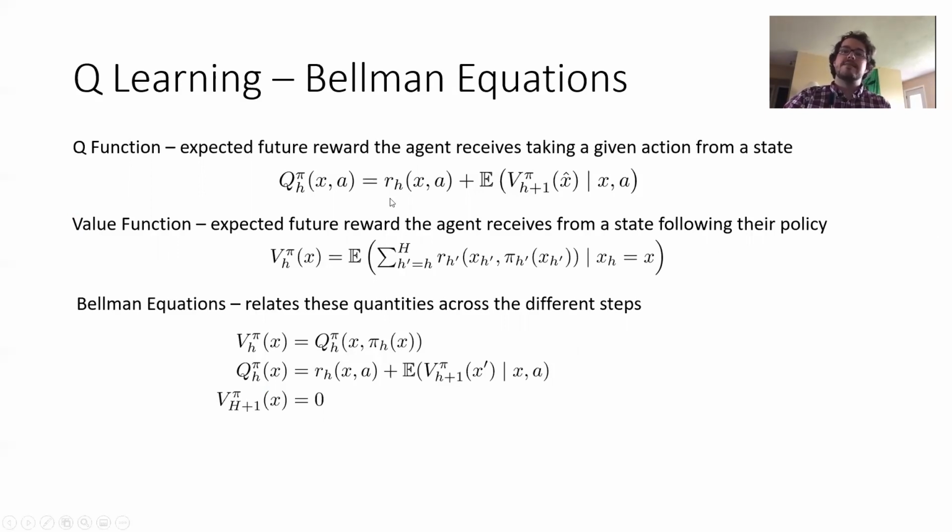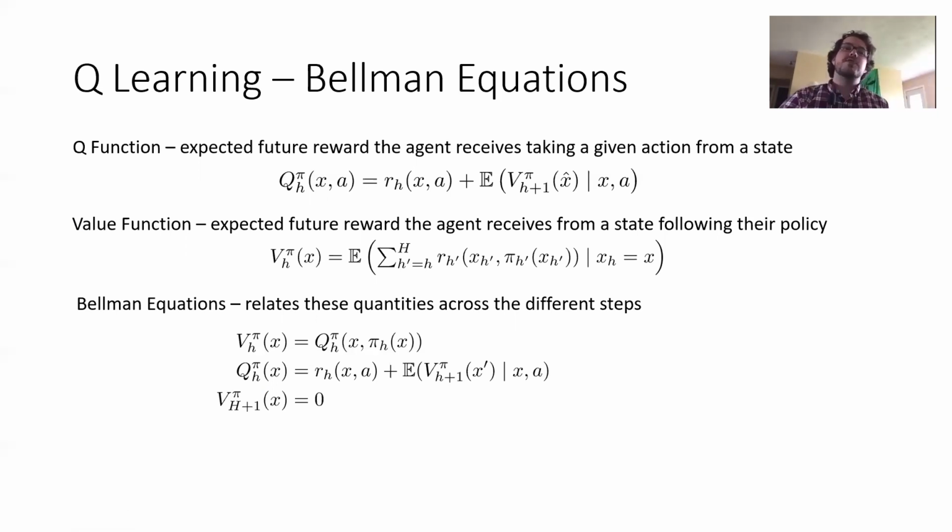That's defined as the immediate reward that they receive plus the expected future reward that they will receive having taken that specific action in that state. In the ambulance example, this would be the transportation cost that they pay initially to travel to that specific location, and the expectation will be the transportation cost that they experience when they interact with the environment starting from the location that they had traveled to.